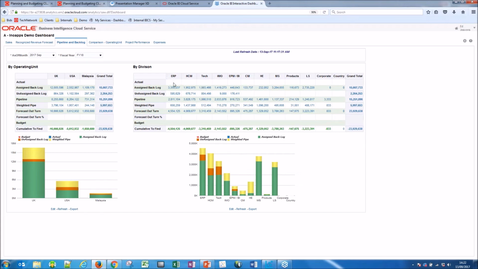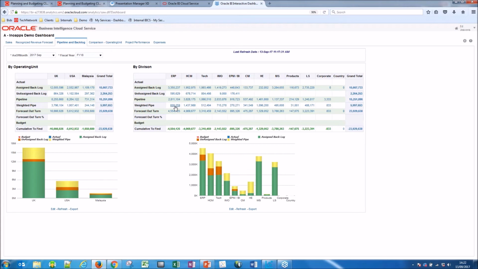So far you've got actuals from Oracle ERP, you've got third-party data of projects that we've won from our resource forecasting. Then you've got our pipeline. So our pipeline comes out of our CRM system. It's a mixture of CRM data and data that we've profiled out depending on where we think the peaks and troughs are of a given project over time from our Oracle Planning and Budgeting Cloud service deployment.